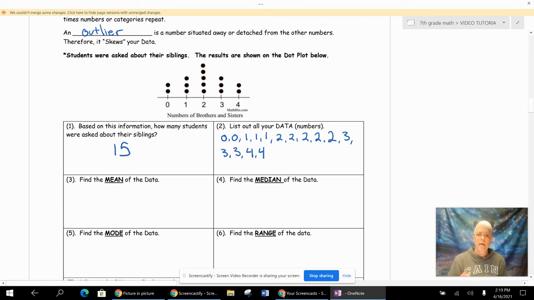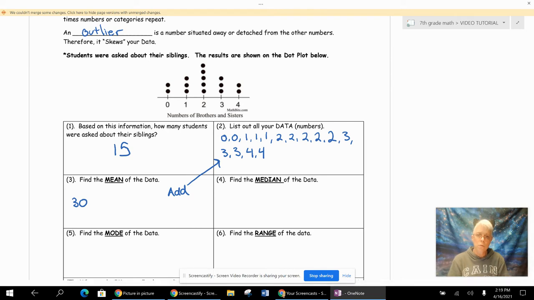So what is the mean average? Now to find the mean average, I have to add up all those numbers in box number 2. I don't add up 0, 1, 2, 3, 4. I add up 0 plus 0, 1 plus 1 plus 1, 2 plus 2 plus 2, and so on. And if I add all of those up, I get 30. But remember, for the mean, I need to divide by the number of numbers.